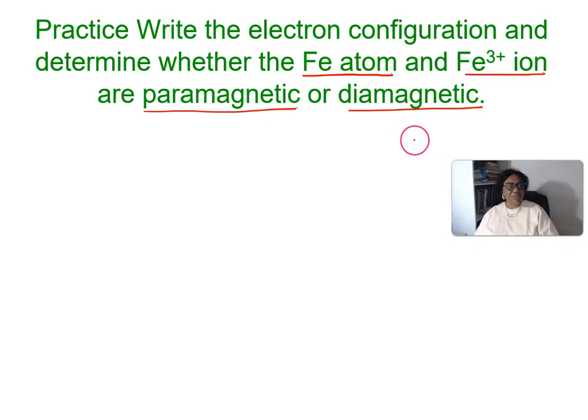Write the electronic configuration, then write the orbital diagram. If you see any unpaired electron, it means it will be paramagnetic, it will be attracted by a magnet. But if you see paired electrons, it will be diamagnetic and it will not be attracted to a magnet. We are going to continue from here.